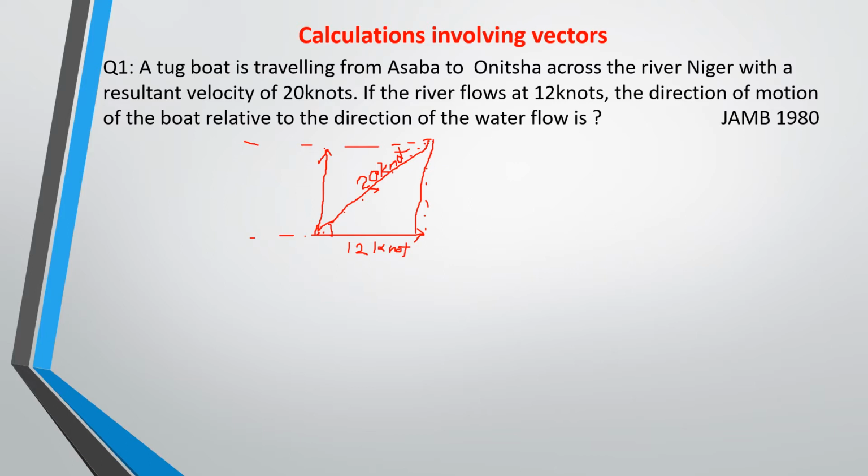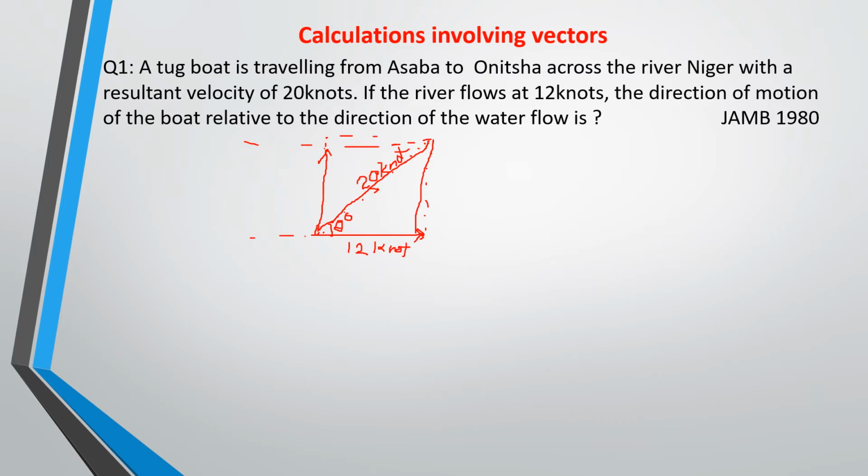So you are asked to find the direction of motion of the boat related to the direction of the water flow. If the stream is flowing in this direction and you want to cross over to Onitsha, which is directly opposite here, the current will carry you.